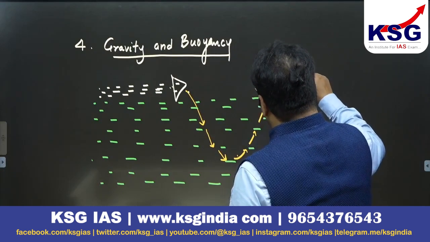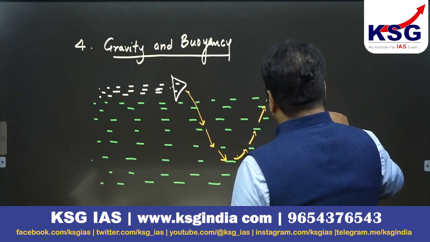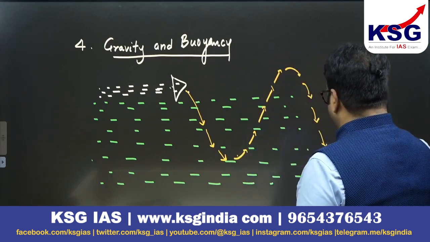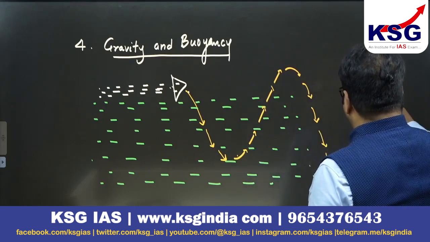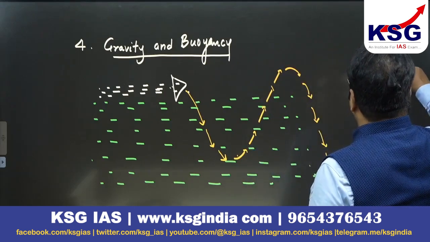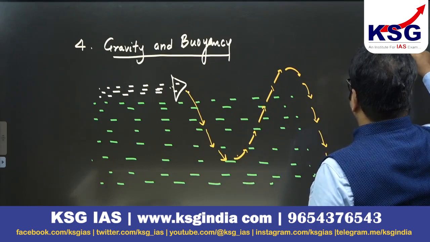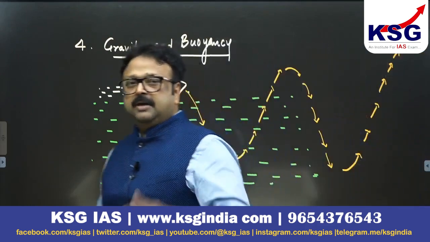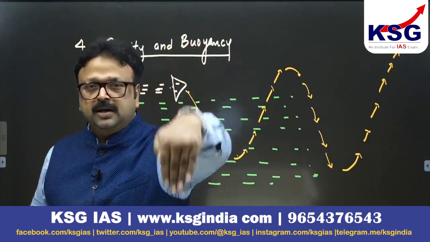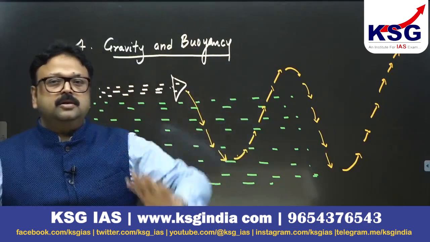Then there is gravity again, and that's why the air which is moving in the upper atmosphere is going to have a meandering path. A vertical meandering is going to be created. So it is not a straight line.